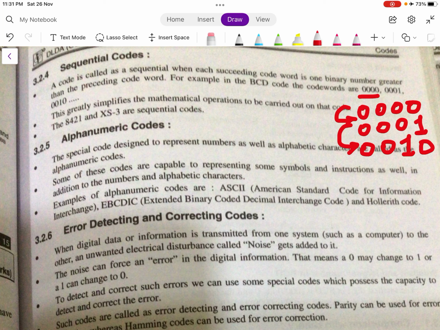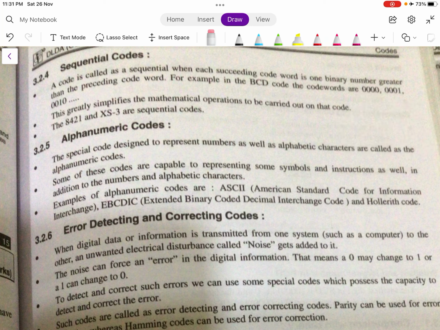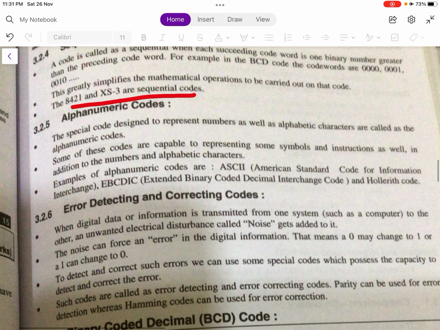This greatly simplifies the mathematical operations to be carried out on the code. The 8421 and XS3 are sequential codes.